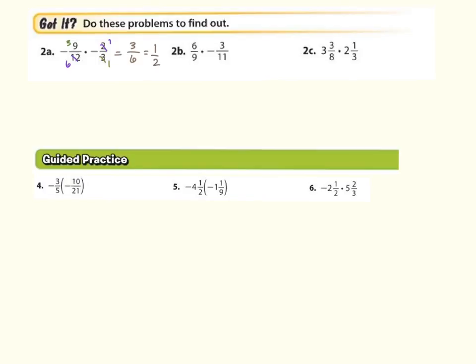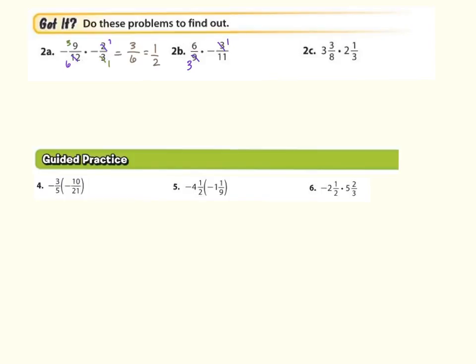On this next one, we cannot take anything out of the 6 and the 11 because they're crisscross from each other, so we can't take anything out of there. But since 9 and 3 are diagonal from each other, we can actually factor out a 3 from that one. So 3 divided by 3 is 1, 9 divided by 3 is 3.